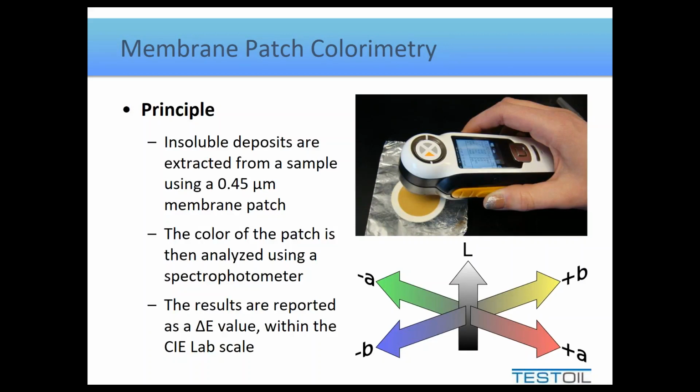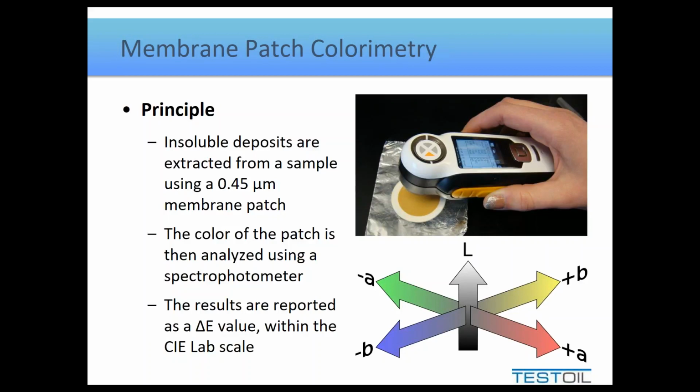Now, if you understand measuring color, you might be familiar with the RGB scale that we use as an example in television broadcast and whatnot. You might be familiar with the CMYK scale that we use when we're printing, but we use yet a different scale here. It's called the LAB scale. And as you see in the picture there, the L value is basically a brightness darkness factor.